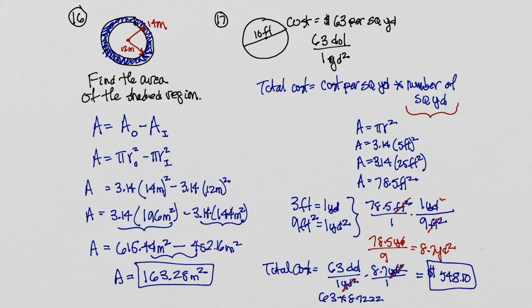And then what I get is 549.4999. So what we could say is that it's $549.50. It really just depends on where you round off.